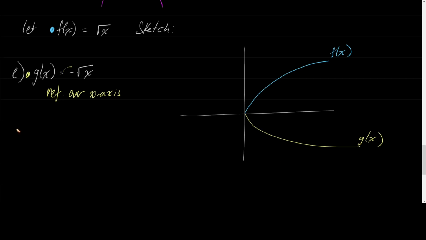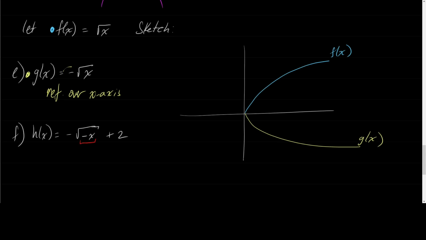Next one, so F. Let's let h of x be equal to negative square root of negative x and then plus 2. So in here, let's see what happens. What we've got here is a few transformations.